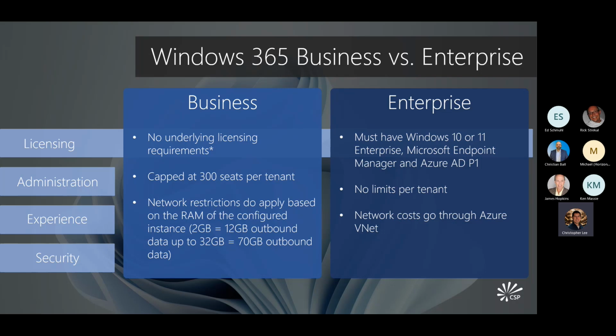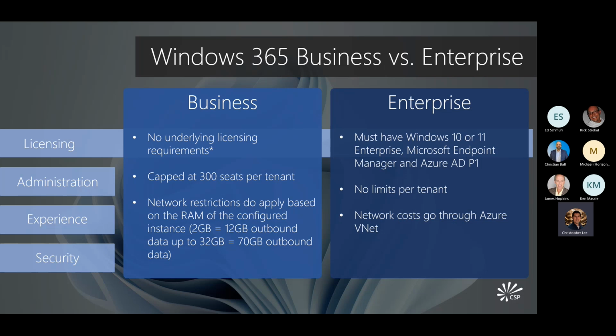At least once per month, they have to access their Cloud PC with a properly licensed Windows 10 or 11 Pro device. But that gives you the option to save a little bit on those Cloud PC licenses if you are in the business SKU realm and all your users are already using Windows 10 or Windows 11 Pro.